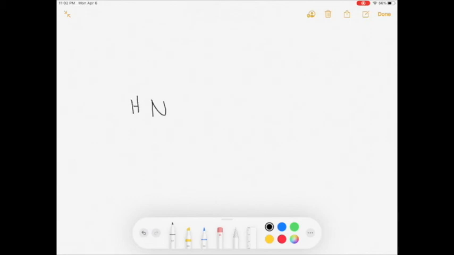So if I have alanine, we have that methyl group, and then the carbonyl. So here's where the peptide bond happens between the carbonyl and the nitrogen of the next amino acid.